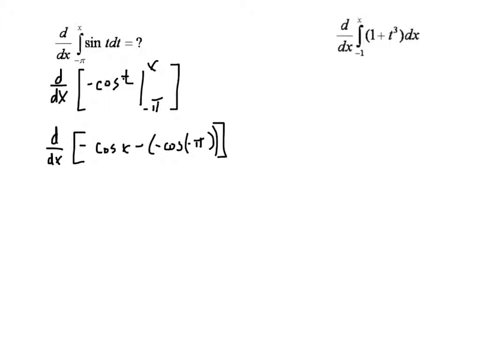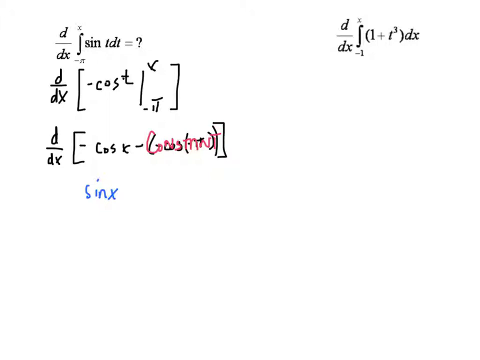Well, the derivative of negative cosine is sine. And again, the cosine of negative pi is negative 1, so this whole thing in here is once again a constant.